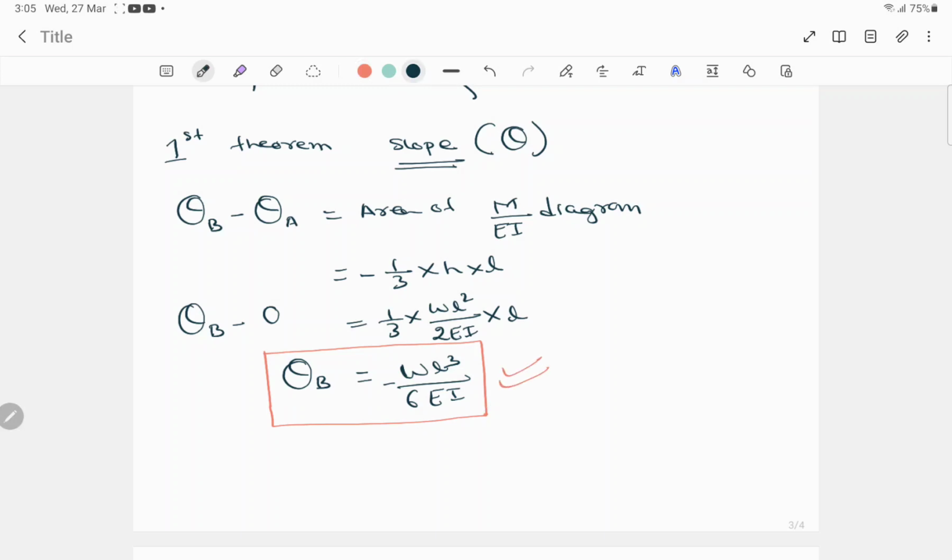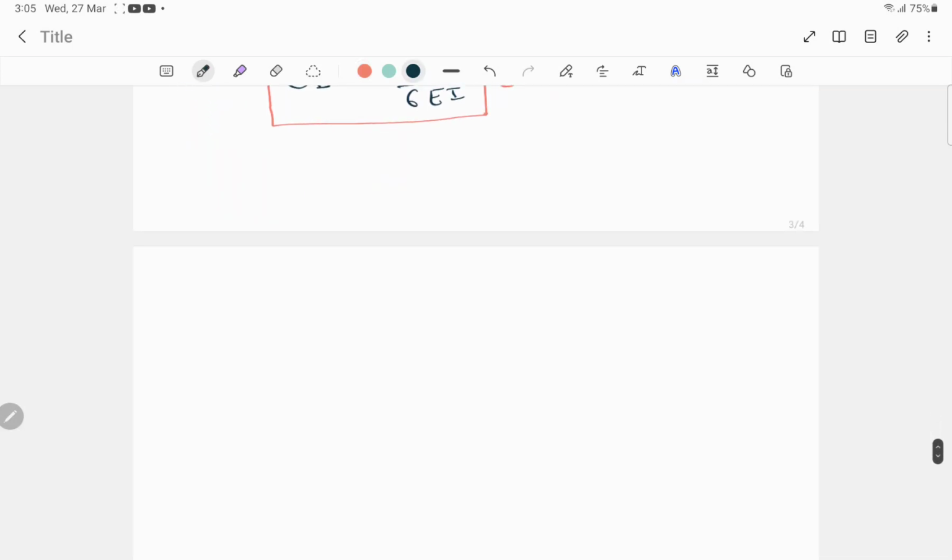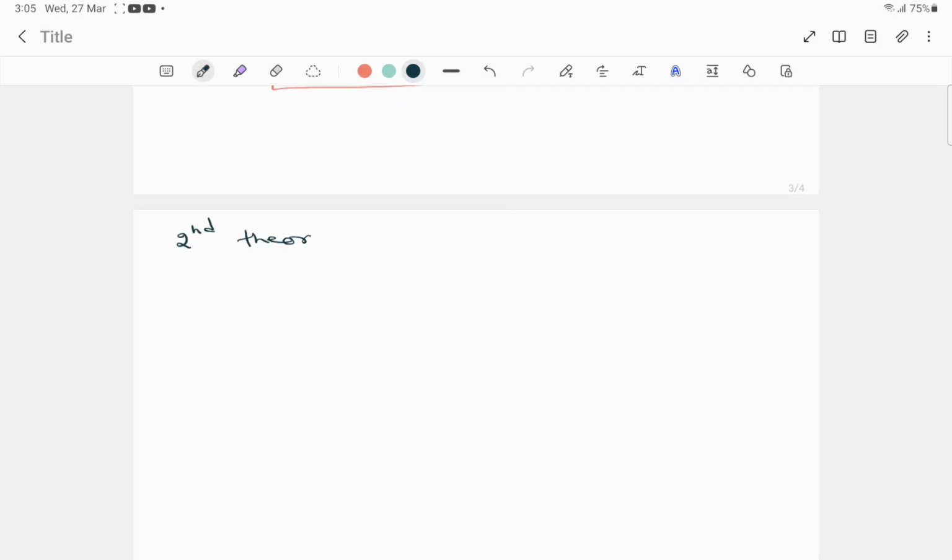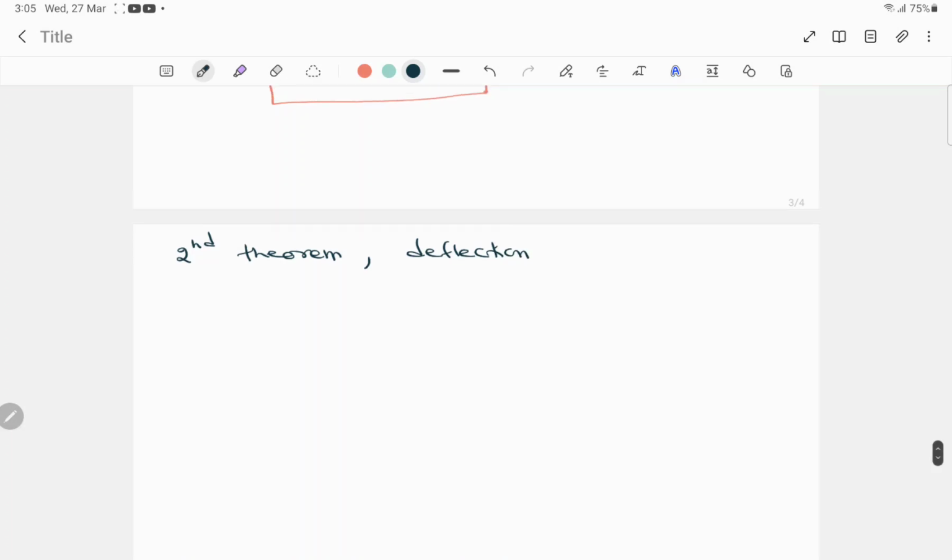Now we have to find the deflection. So write the second theorem, and the second theorem is used for finding the deflection, and deflection is denoted by delta, like this.